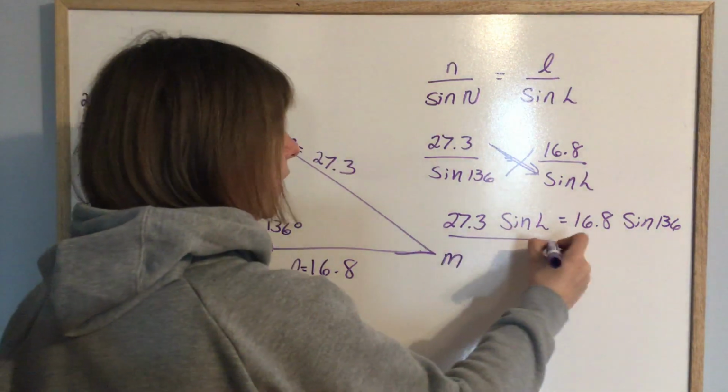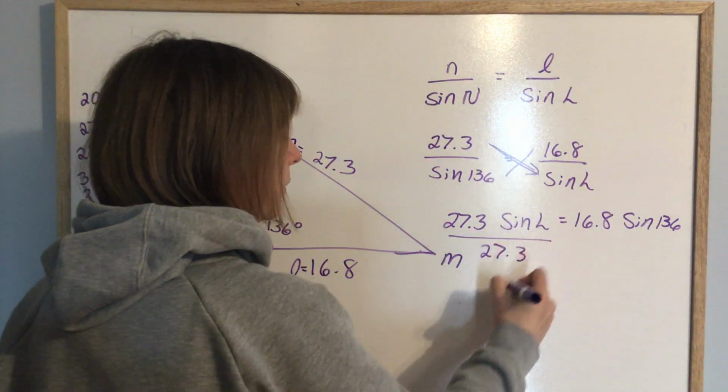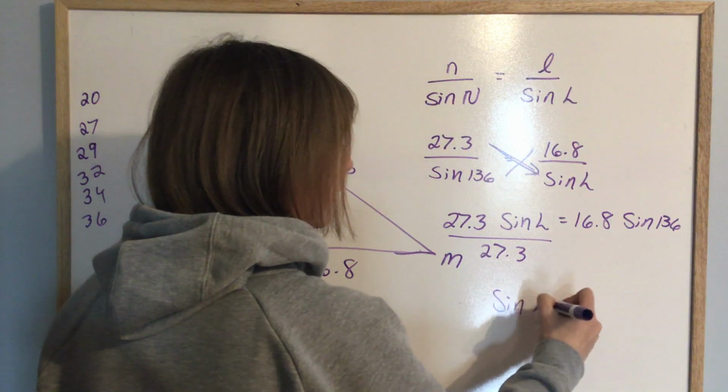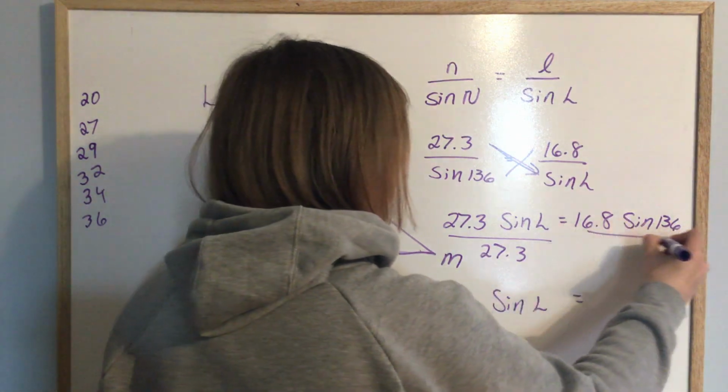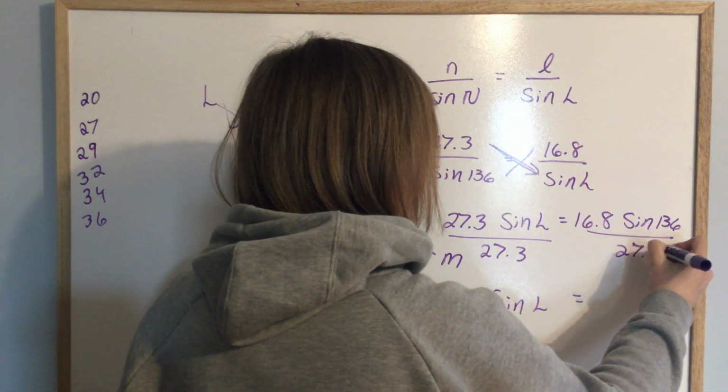So I'm going to divide this side by 27.3 so that sine L is by itself.